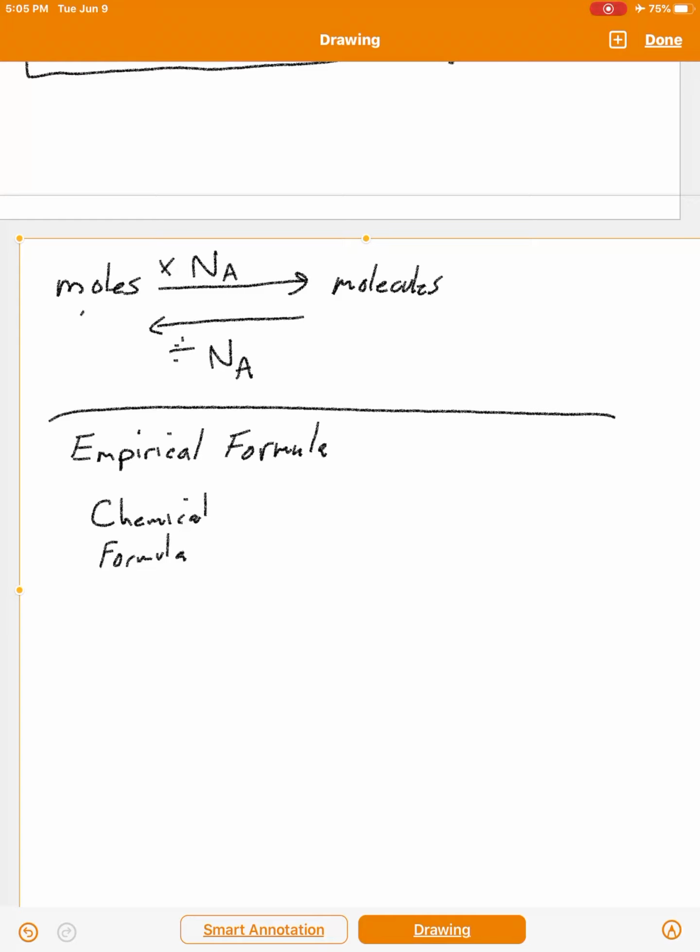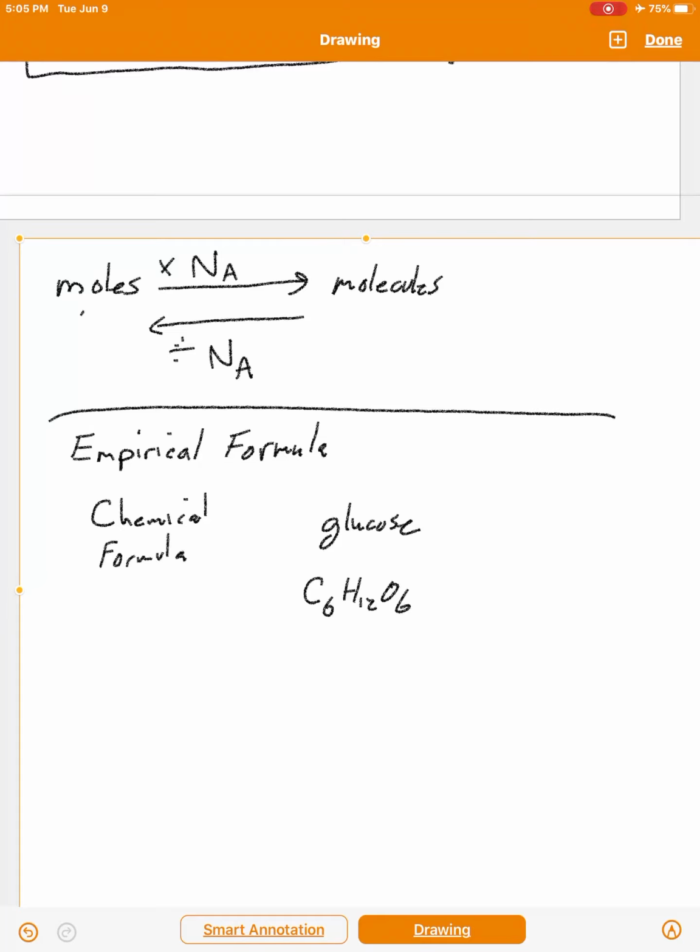So for example, I could just give the name of something. I might call it glucose. There's some substance called glucose, and we know what it is. It's some sort of sugar. Or I could write the chemical formula. And the chemical formula is essentially a representation of how many atoms of the three elements that comprise glucose, how many atoms of each of those elements that you would find if you had the smallest possible unit of glucose.